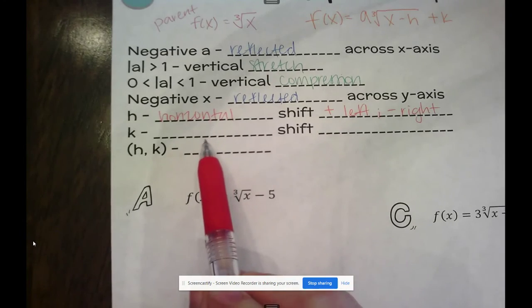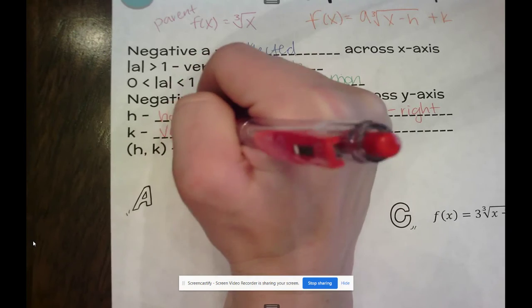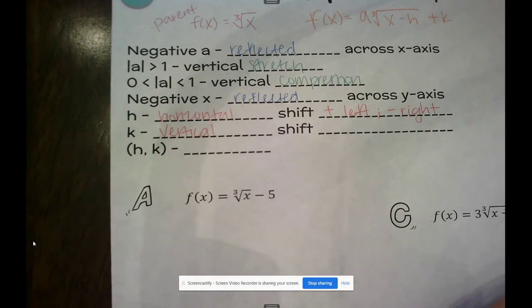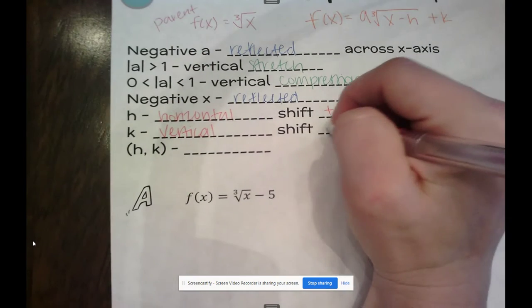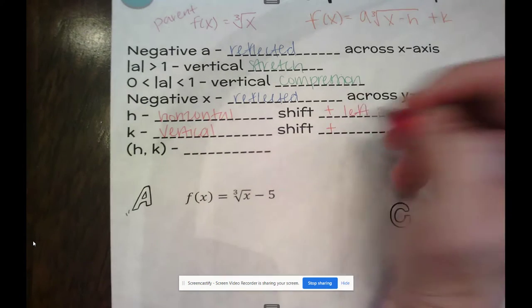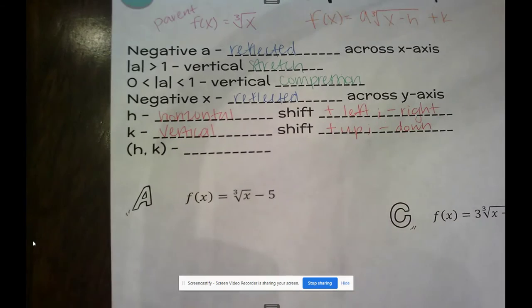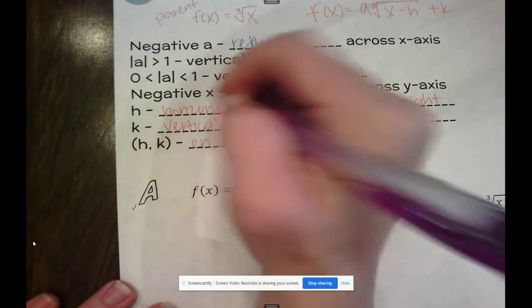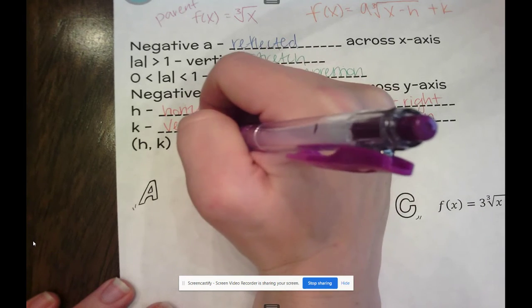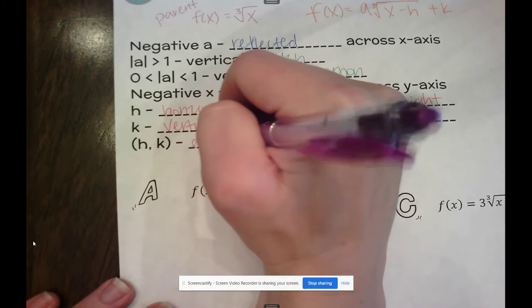While the k, the one on the outside, tells us which way it's moving vertically, or that's up and down. This one doesn't lie, so it makes sense. If it's positive, it's going to go up. And if it's negative, it's going to go down. And again, our h and k is not really our endpoint on our cube roots, but we'll write that there.